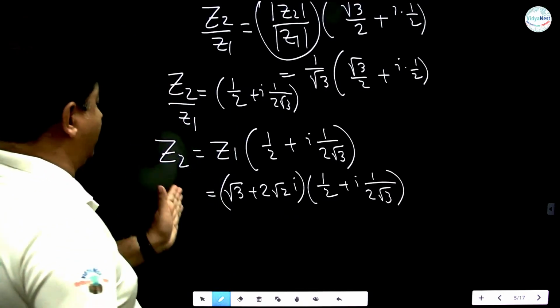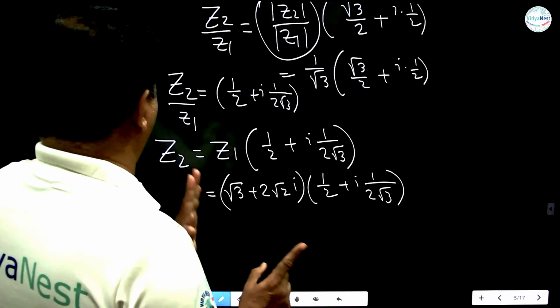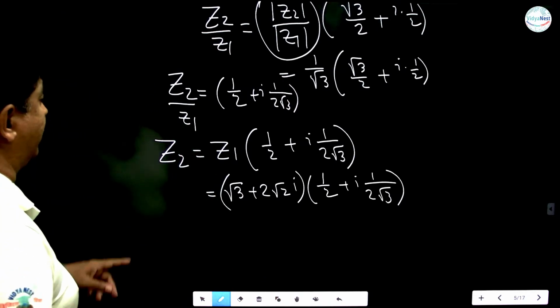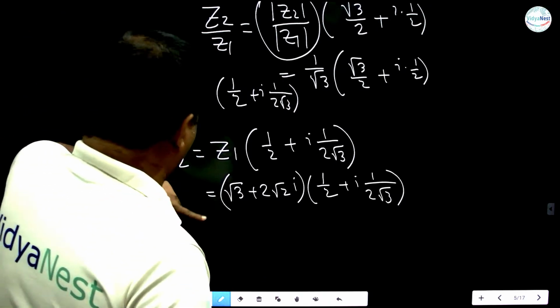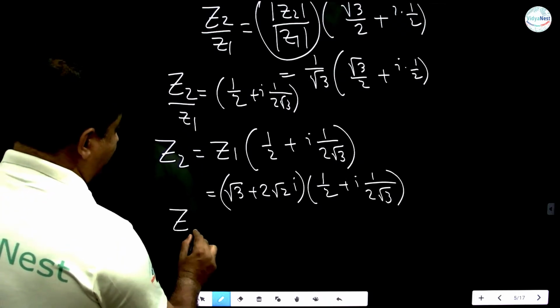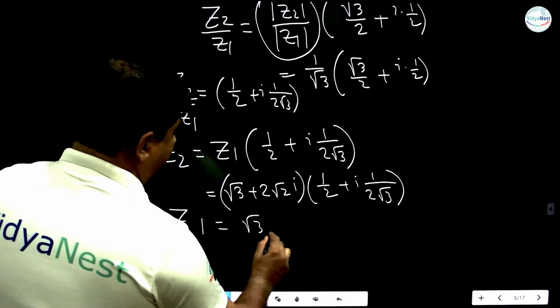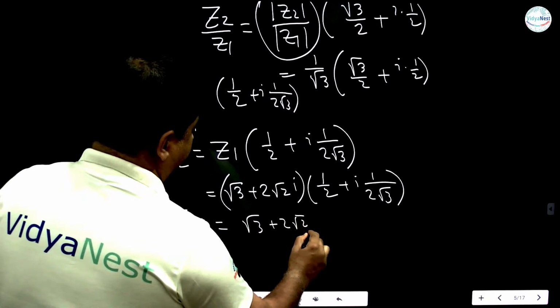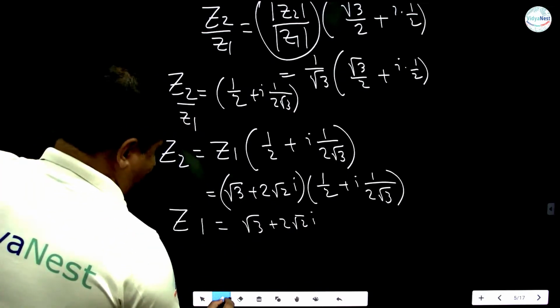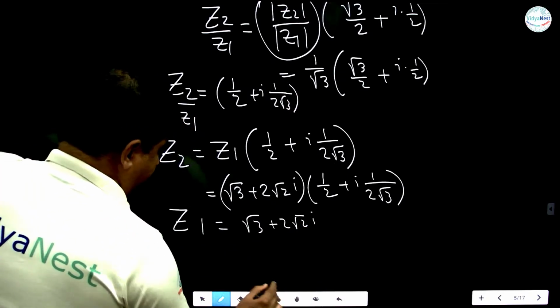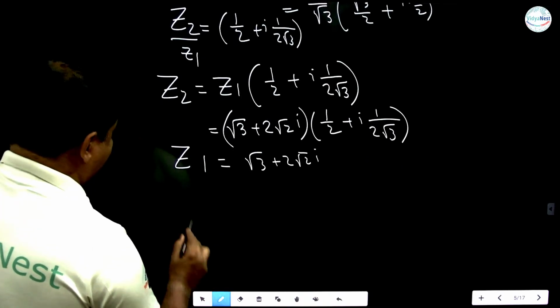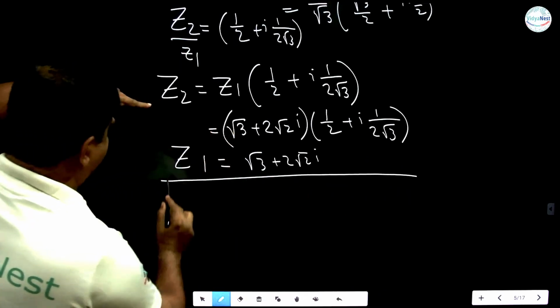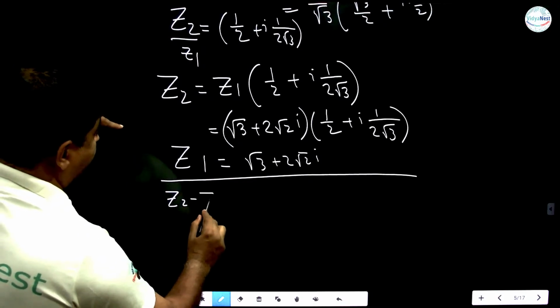So from here, what conclusion I can draw? Let us find Z2 minus Z1. What was Z1? Root 3 plus 2 root 2i. Now you subtract. By subtracting you will get Z2 minus Z1.